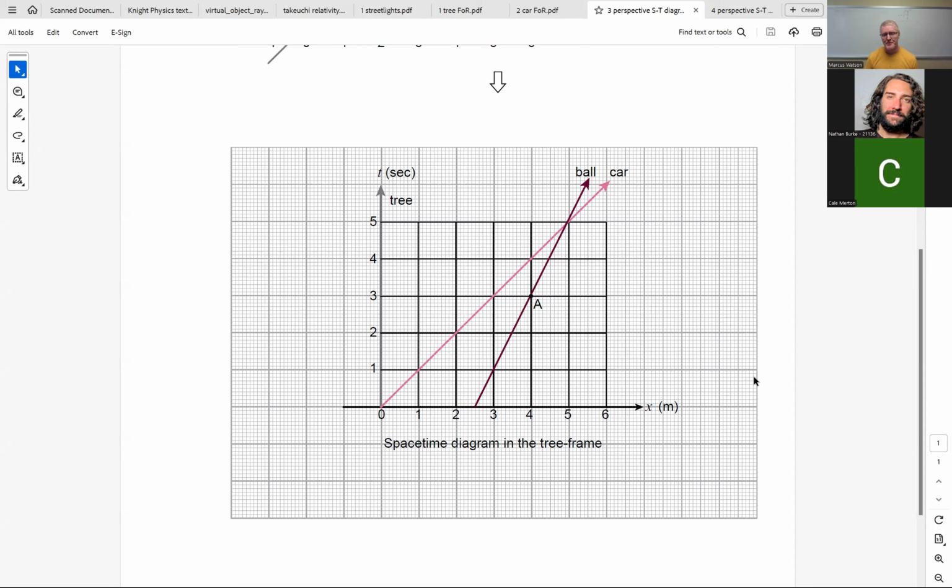What I'm going to say is that we can look at the car frame and the tree frame both simultaneously on this diagram because we can plot the car's axis. So this is the car's motion with respect to the tree, as well as the tree's motion with respect to the car. It's on the same set of axes. It gives us the ability to see things from two perspectives at once on one set of axes.